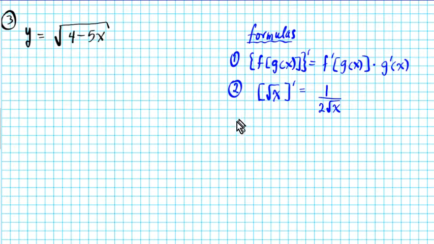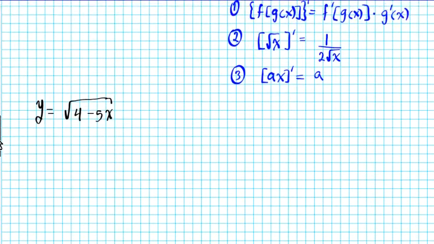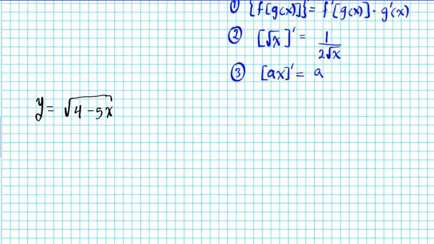And then we're also going to use the constant multiple rule. The derivative of ax is simply a. Okay? Alright, let's take a look at the problem. Y is equal to the square root of 4 minus 5x. Now, to use the chain rule, we're going to decompose the function first.